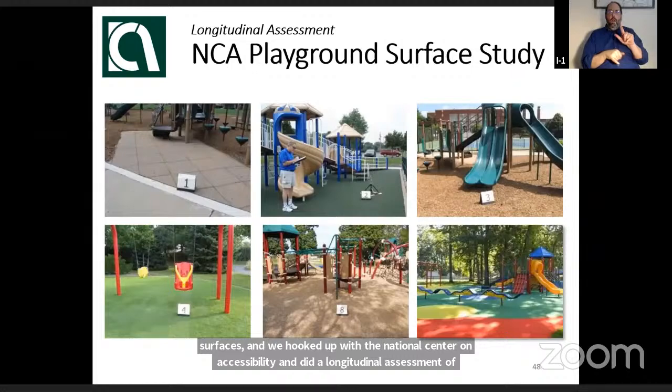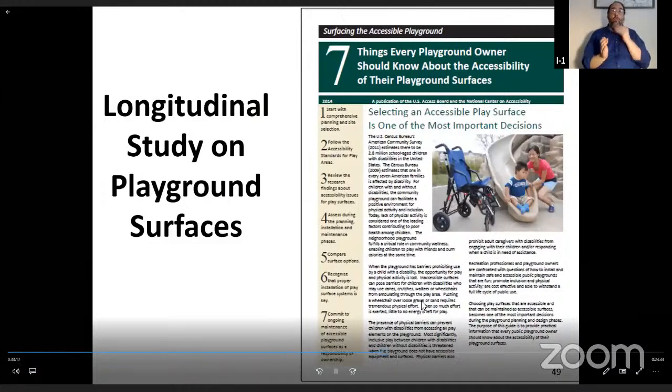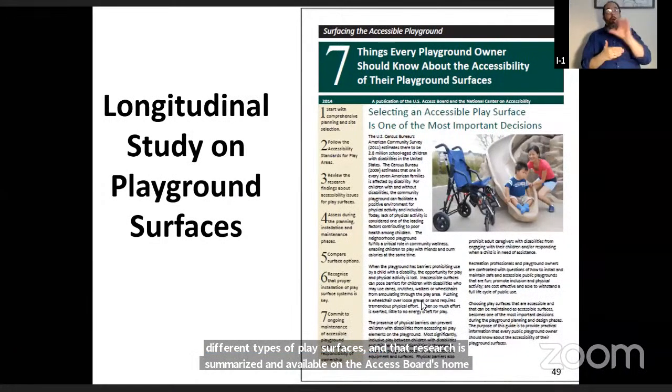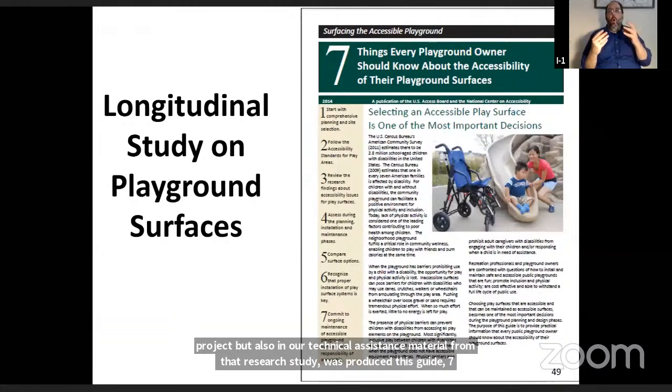And that research is summarized and available on the Access Board's homepage. If you go to research and completed research, you can find that research project, but also in our technical assistance material from that research study was produced this guide, 7 things every playground owner should know about the accessibility of their playground surface.